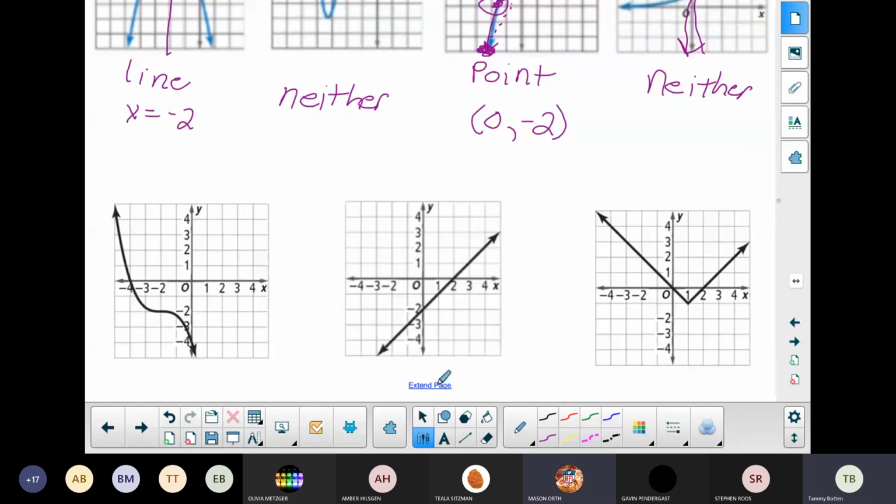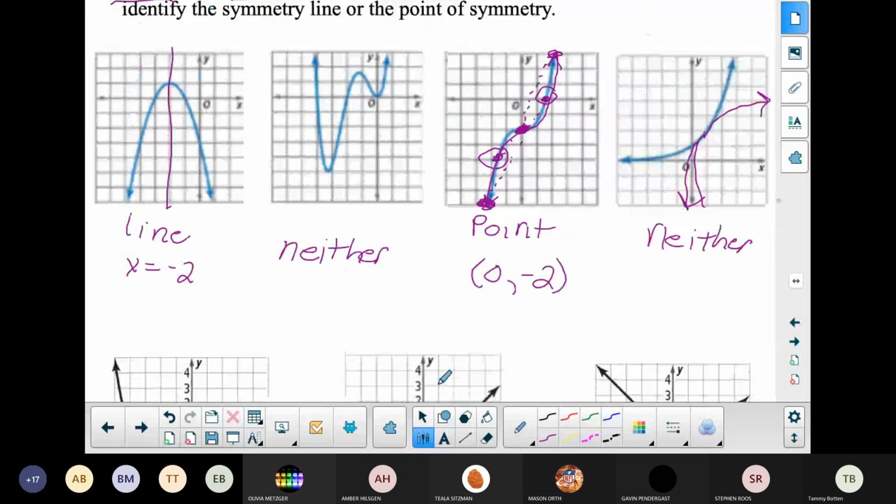If we look down, isn't the third one both? Say that again. Why isn't the third graph both? Okay. Because like a line of symmetry here, this would map over to here, and this would map over to here.